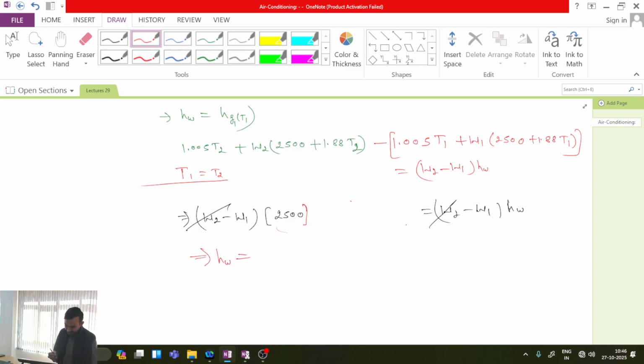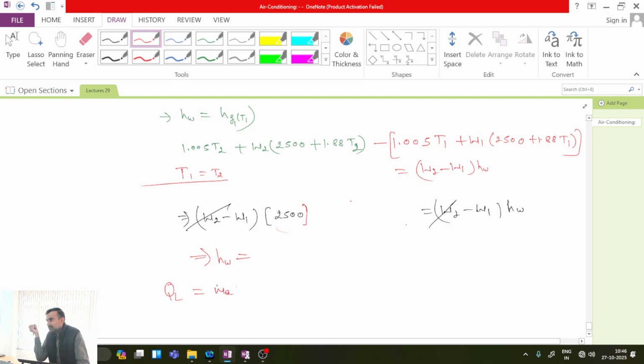Other than this, let me write it in terms of the pure latent load. What is your latent load? M dot A is the mass handled, and what happened to that mass? Its humidity changes from W1 to W2. So the mass of water vapor at outlet is this, and the mass of water vapor at inlet is M dot A into W1, into the enthalpy.